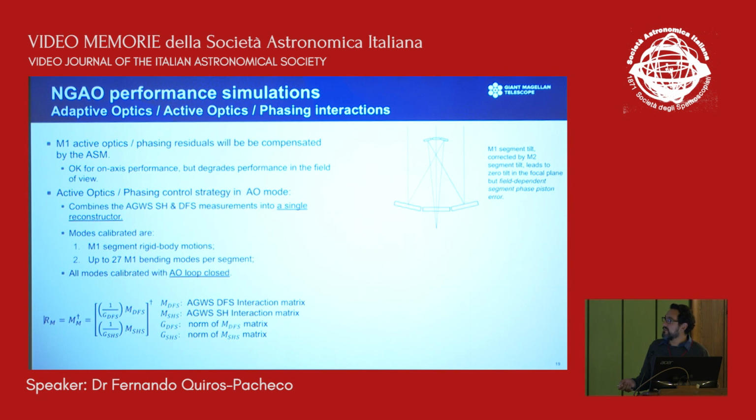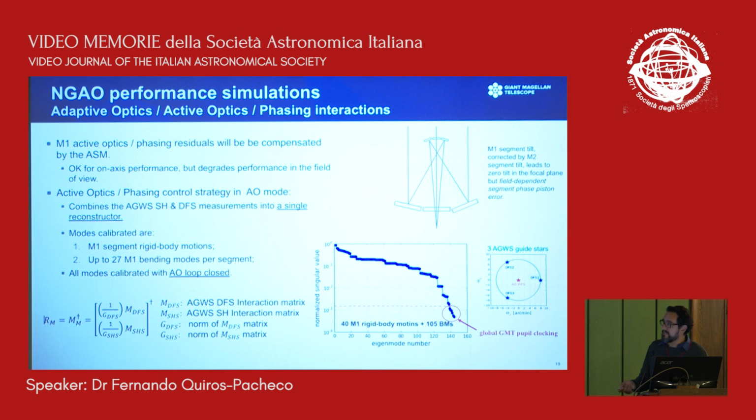Off axis, there will be an aberration because, for instance, in the simplest situation, when you have an M1 tilt compensated by the M2, this mode will generate in the field a field-dependent segment piston that will increase linearly with the field. So we have devised a strategy to mitigate these problems by using the AGWS, controlling M1 aberrations at M1 by using those measurements.